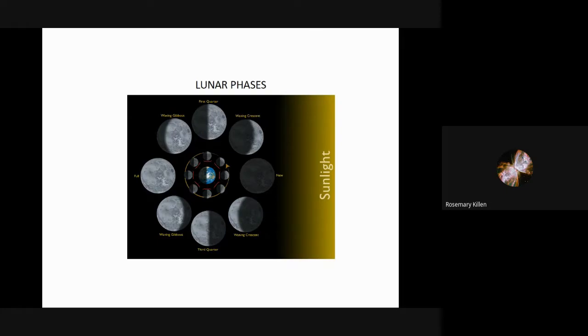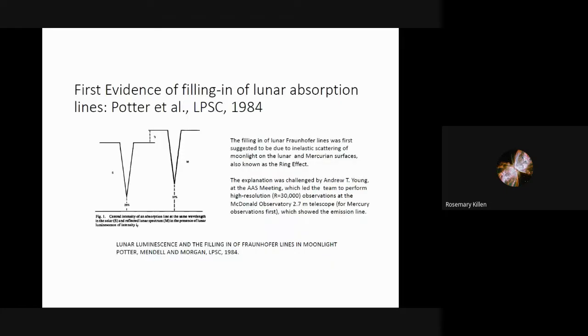So the next slide, the first evidence of filling in of the lunar absorption lines. Potter and Morgan were looking to define the solar spectrum by looking at the reflected solar spectrum from the lunar surface, and they were trying to figure out why some of the lines seem to be filled in.